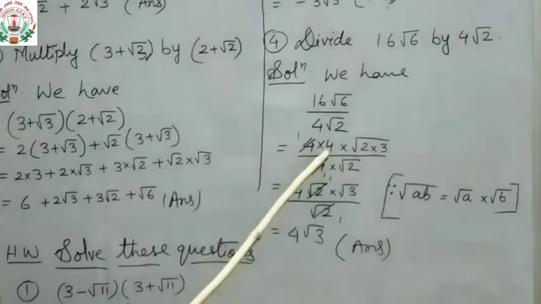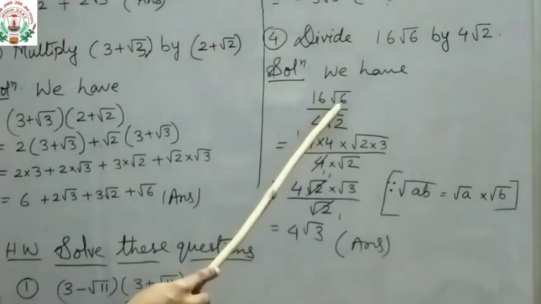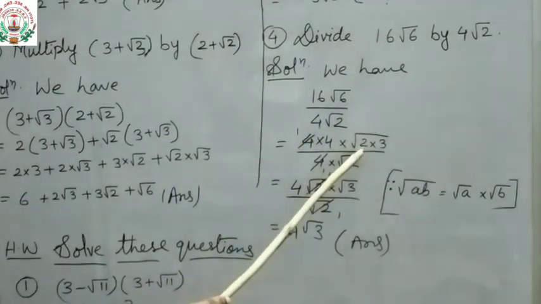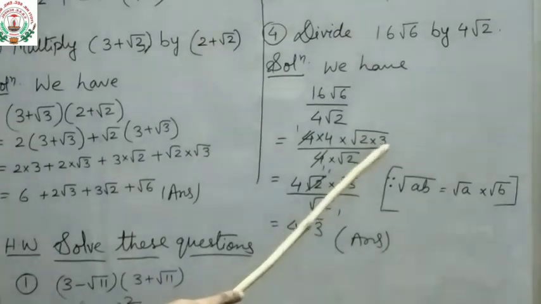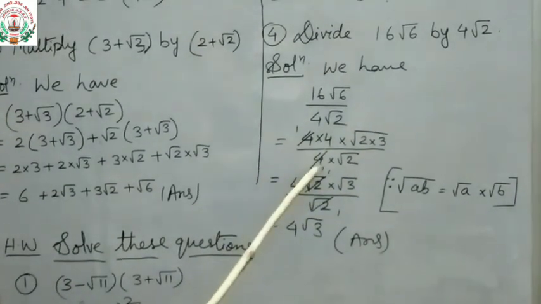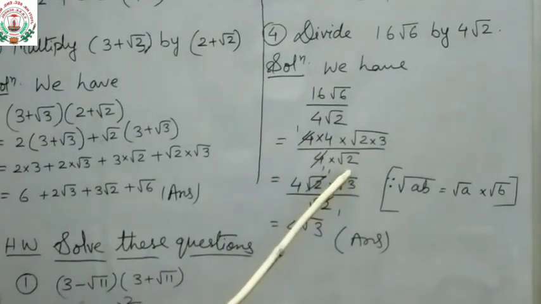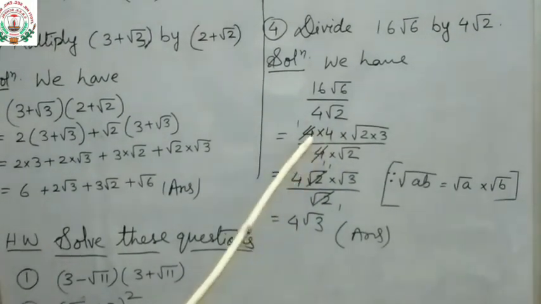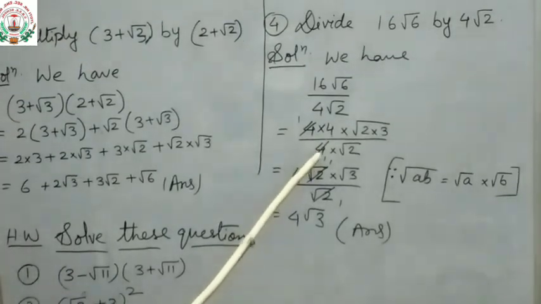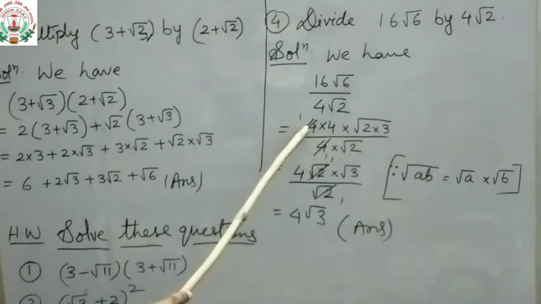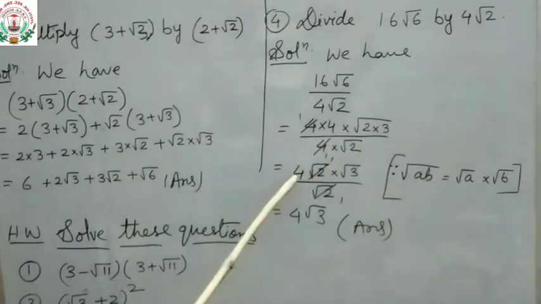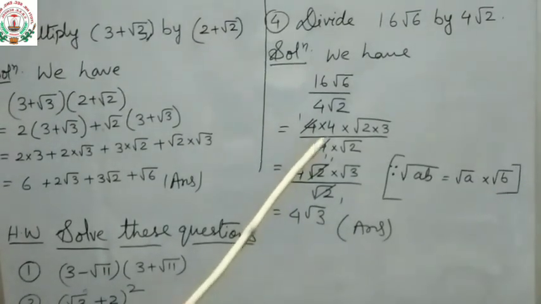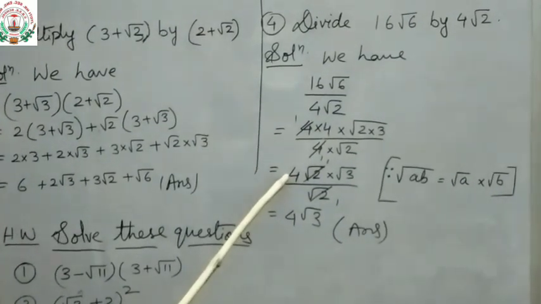So 4 fours are 16, into this root 6, which I can write as root 2 into 3. Okay. Then upon this 4 into root 2. Clear? In the denominator the same value is given. So now one 4 and one 4 will be cancelled off. 4 ones are 4. Okay. And then the numerator will be how much? This 4 is left out, so 4 will come down.